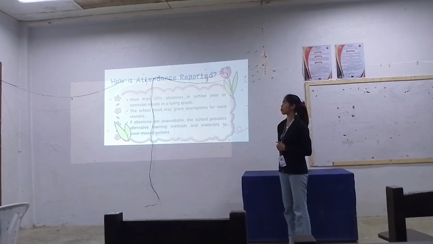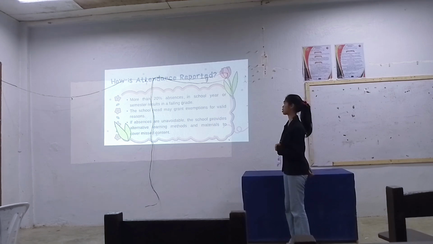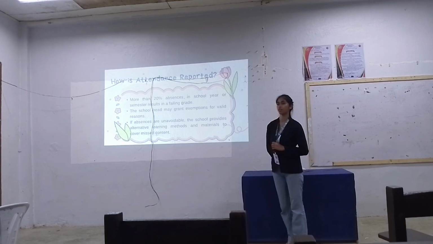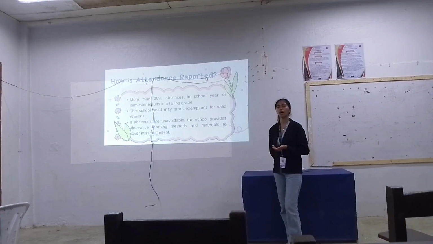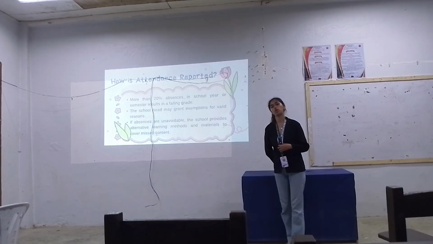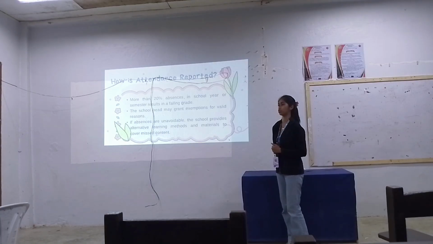And last, if absences are unavoidable, the school provides alternative learning methods and materials to cover missed content. So for testing in these classes, it can be online, or if the student cannot attend, they can take it online, or they can be given modules by their advisor or subject teachers.